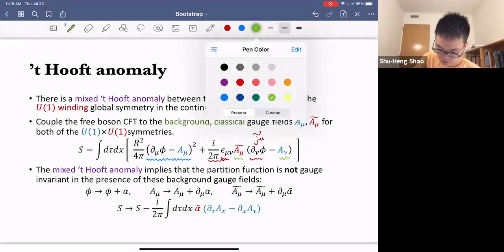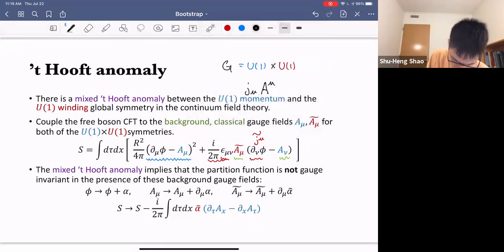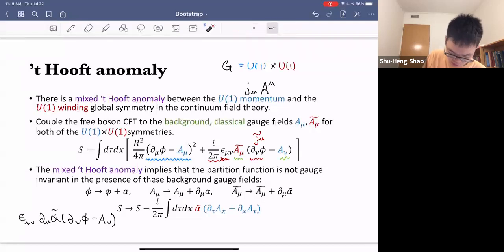So let me write it down. This piece is a total derivative, so I don't have to worry about it.